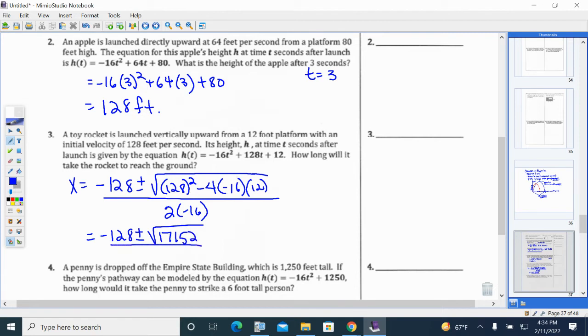Over 2 times negative 16 would be negative 32. So in this lesson, decimals are actually going to be our friends. You are allowed to use decimals here. So I'm going to go through and I'm going to find both of these answers using my calculator.